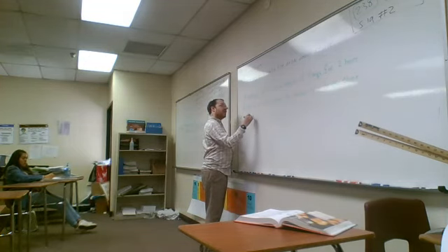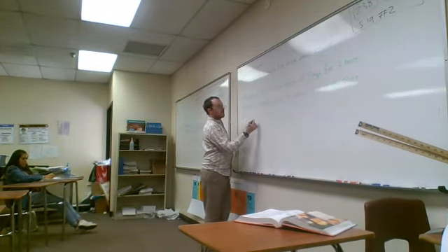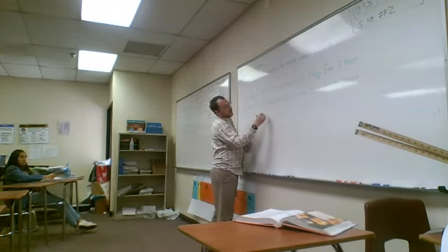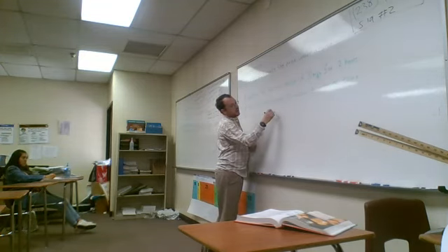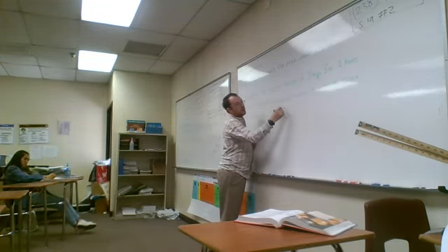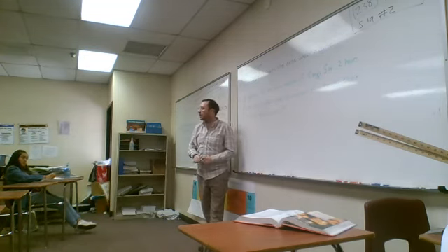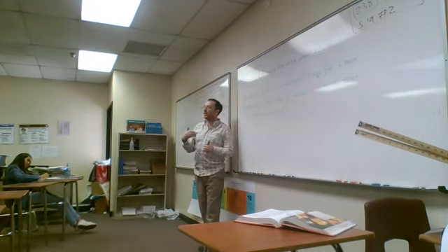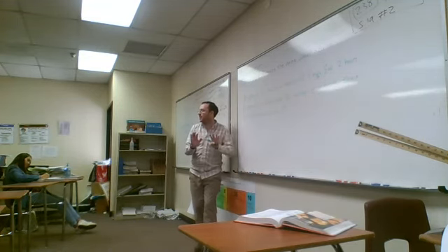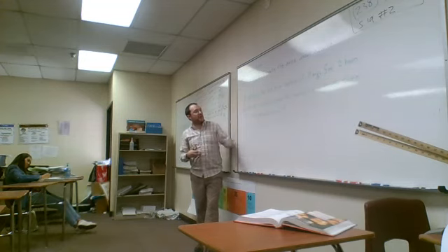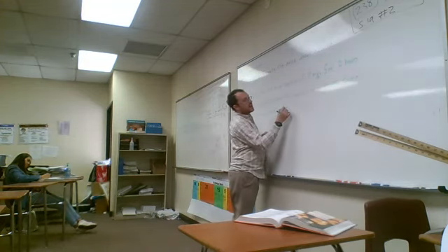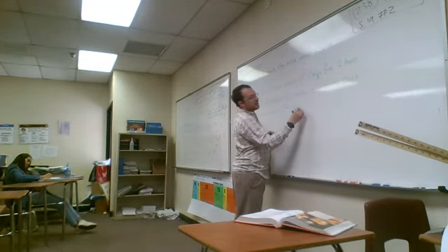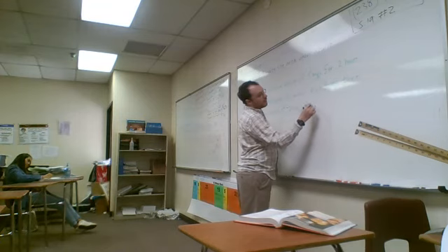Then slows down with an acceleration of, before I write this down, when we slow down, is our acceleration positive or negative? Negative. Speeding up means we have a positive acceleration, slowing down has a negative acceleration. So it slows with an acceleration of, let's say, negative 20 miles per hour squared for 1 hour.